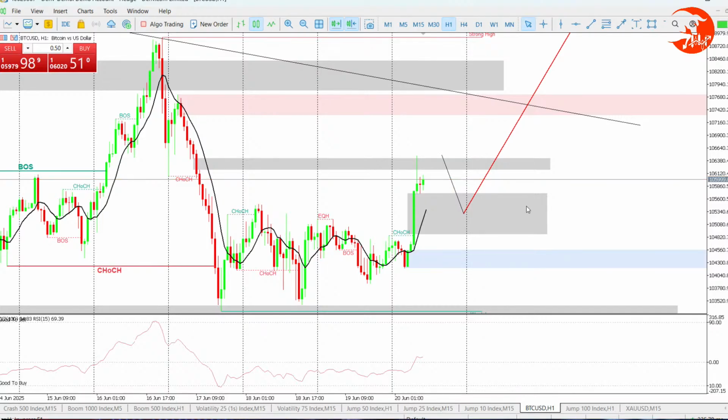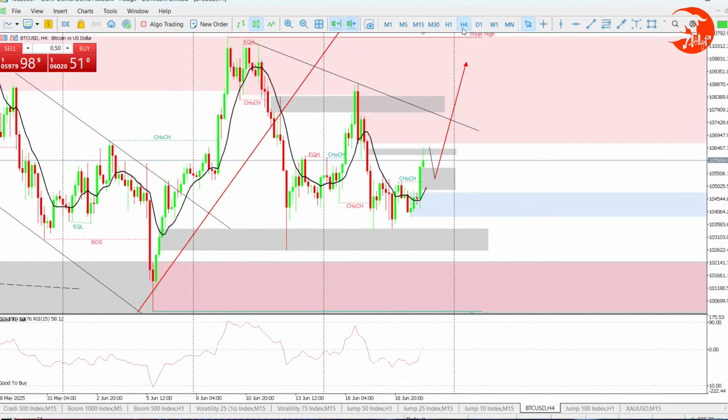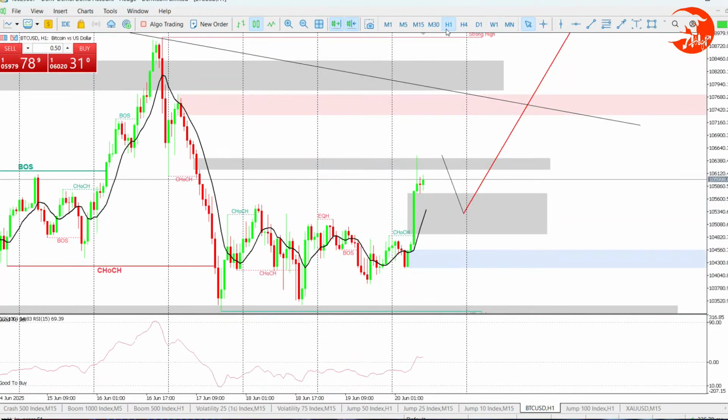Price needs to come at least within here and take us all the way into the buy trend. So for now, I believe we wait. This is a short-term trade that we can take advantage of.